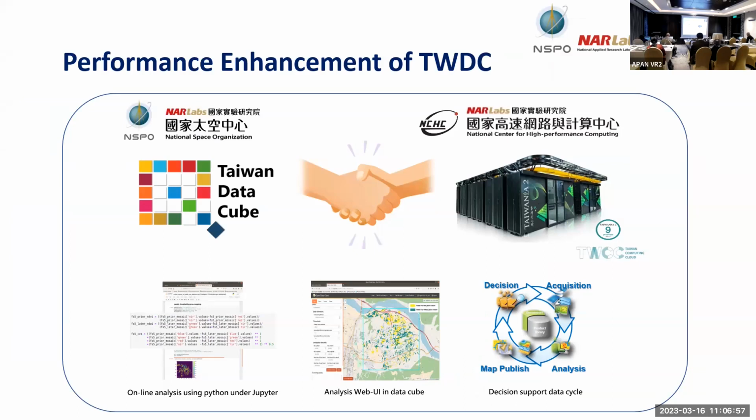But the two organizations from Taiwan are the National Space Organization, which I think changed its name just recently to TASA, Taiwan Space Agency, and the National Center for High Performance Computing, or NCHC, because the data cube runs on NCHC.